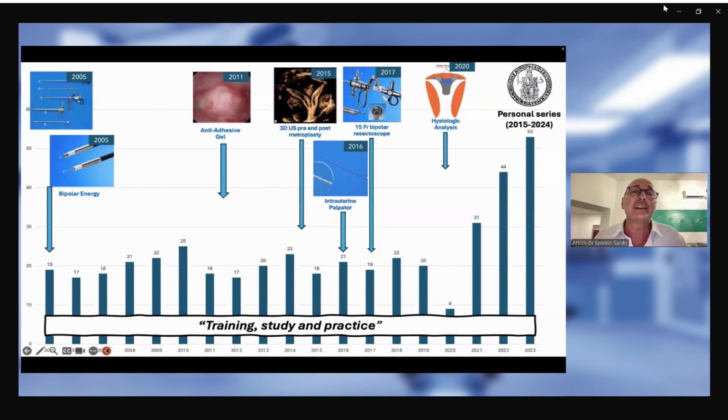And I can tell you that probably uterine malformation has been my main focus throughout the years. During the last 20 years, we have seen a tremendous advancement in technology, but even in the cooperation of 3D sonography with hysteroscopy, new technology in hysteroscopy, new advancement in the knowledge of the histology of the septum.